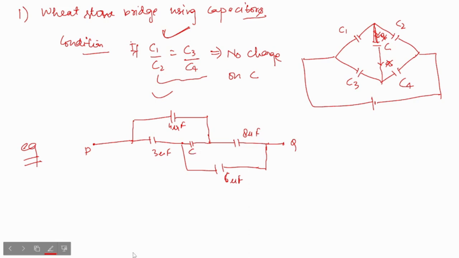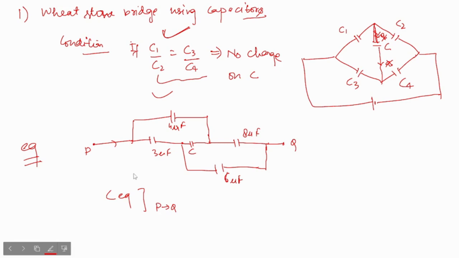You need to find the equivalent capacitance between P and Q. Right, means the charge will start from here, means they are somewhat connected like this. There is a potential difference between P and Q, and they are connected to a battery.